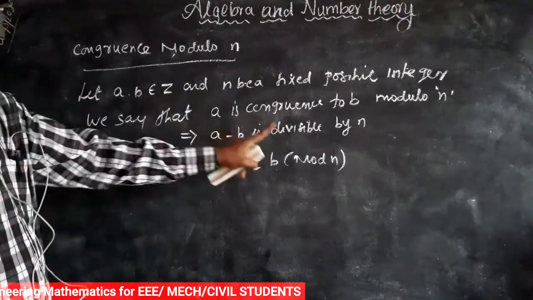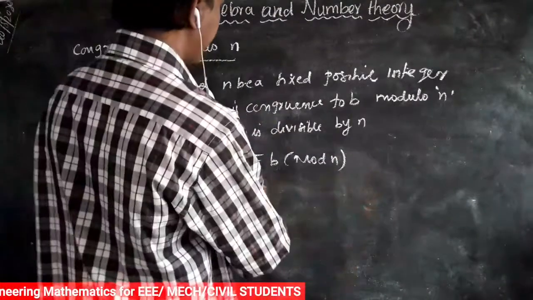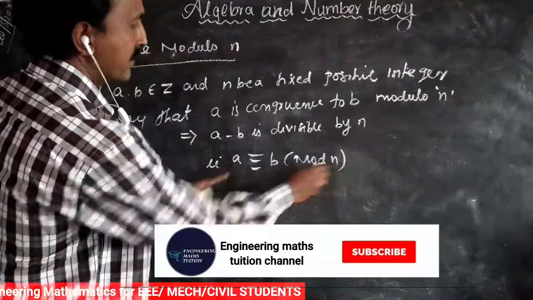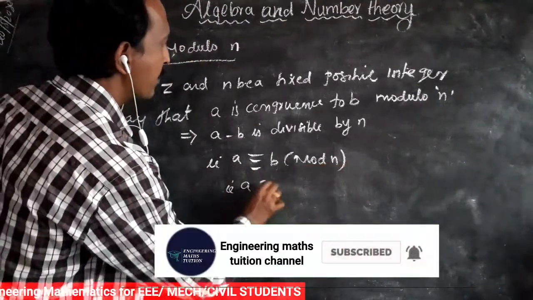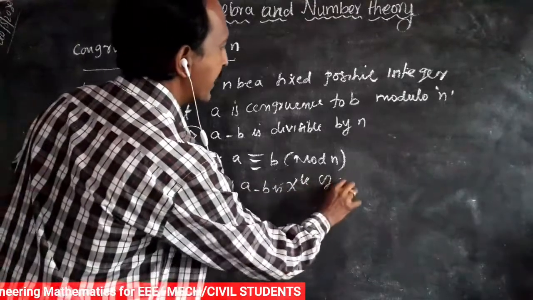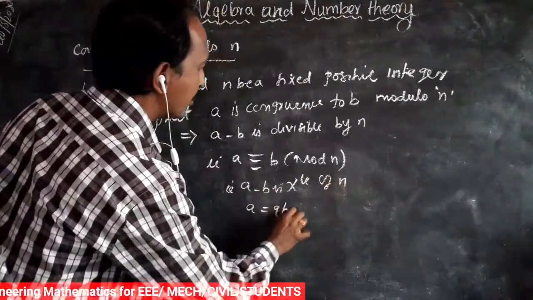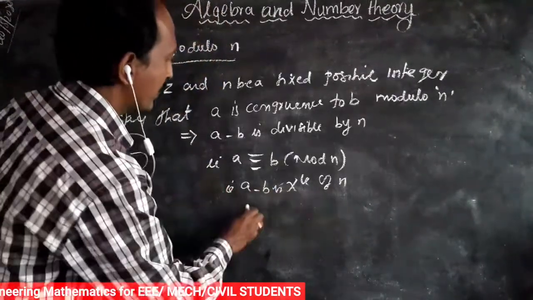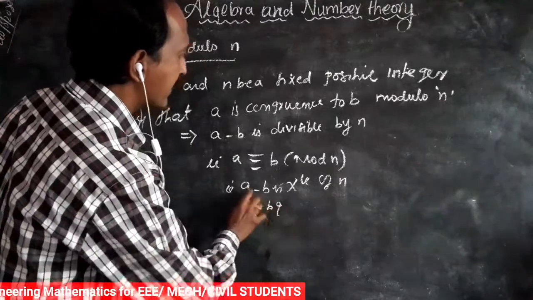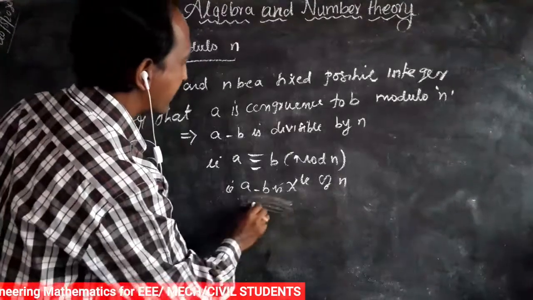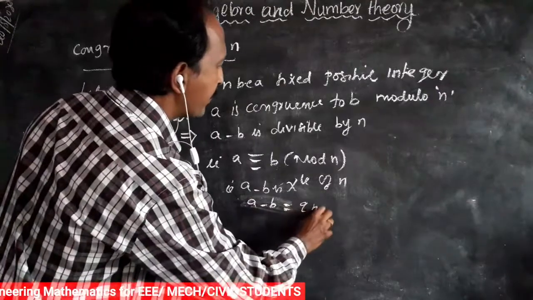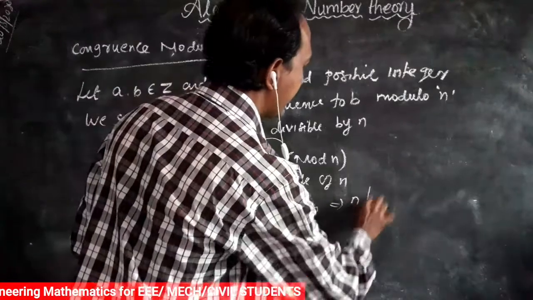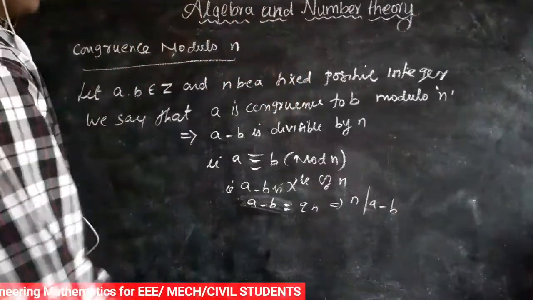That is, a minus b is a multiple of n, that is a minus b is equal to some multiple of n, that is n divides a minus b.